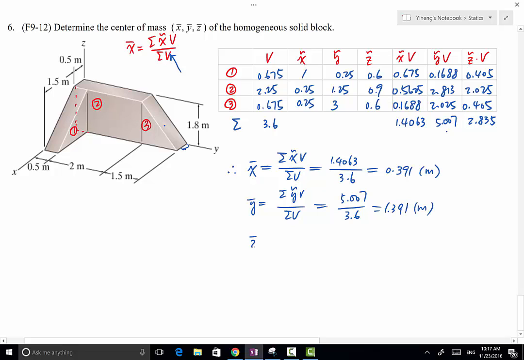And lastly, z bar equals summation z tilde v over total volume. So this number, 2.835 over 3.6, equals 0.788 meter.